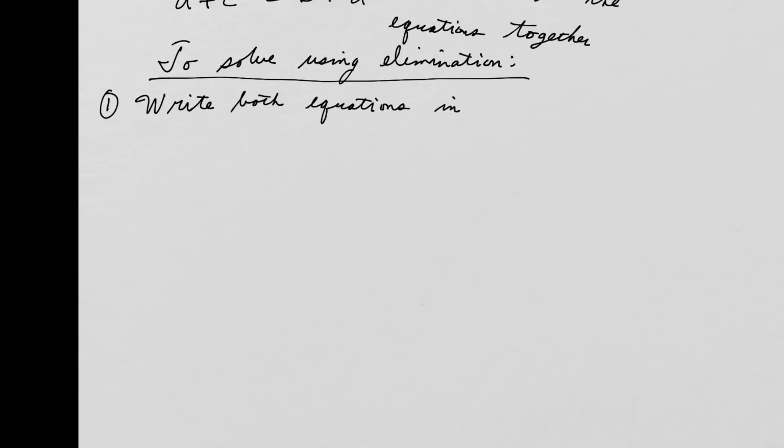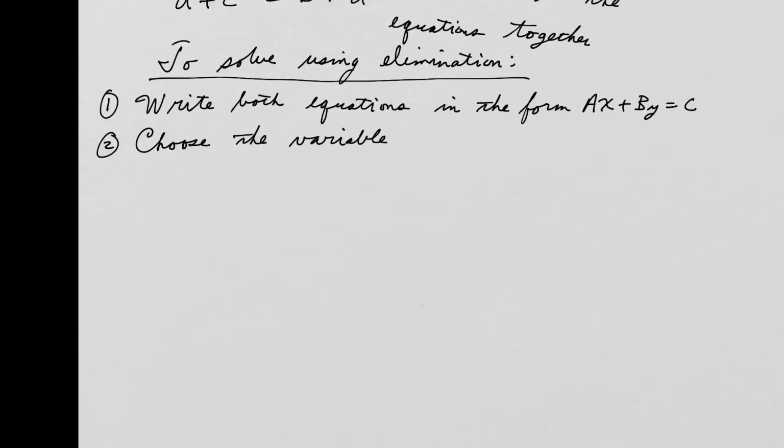So remember that's the form ax plus by is equal to c. So you want to write both equations in that form. You want the x's first, then the y's, and then on the other side put the constant. Okay, then you choose the variable you want to eliminate. It can either be x or y, doesn't matter.